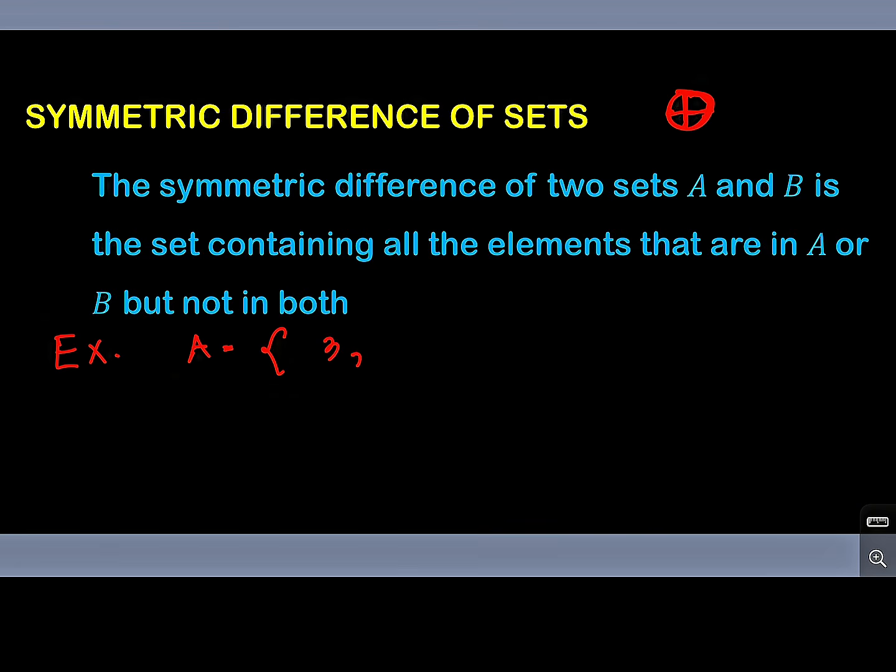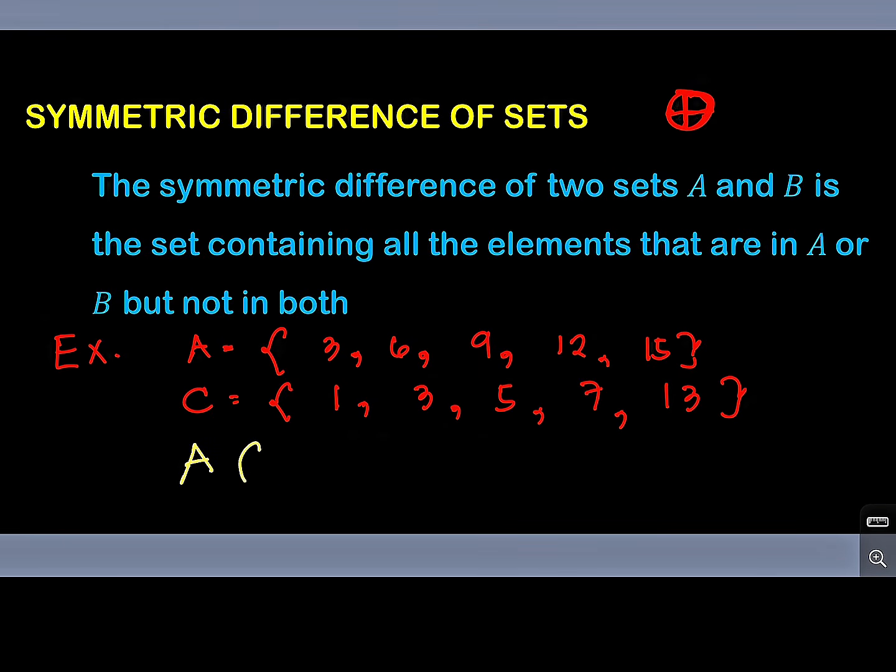We have here a set A contains the following elements: set of 3, 6, 9, 12, 15. And for our second set, a set C has the following elements: 1, 3, 5, 7, and 13.